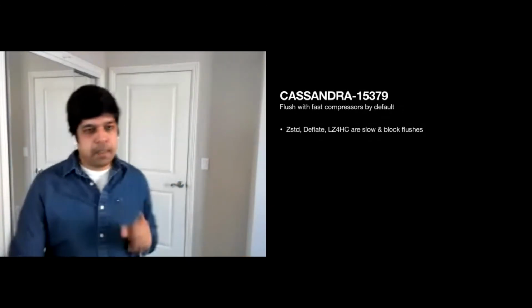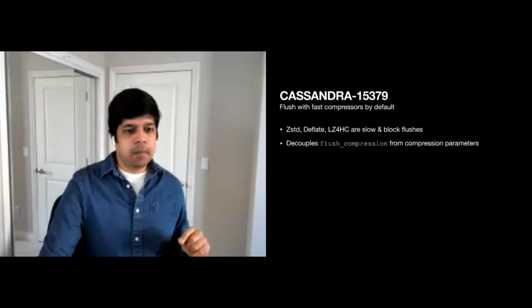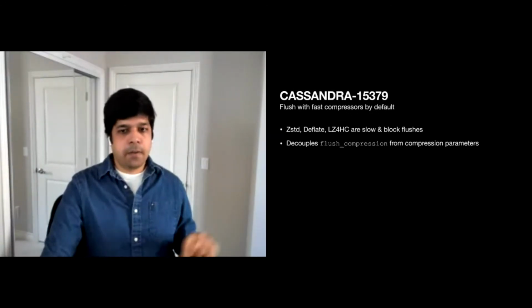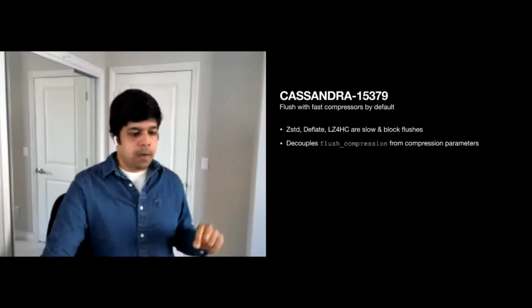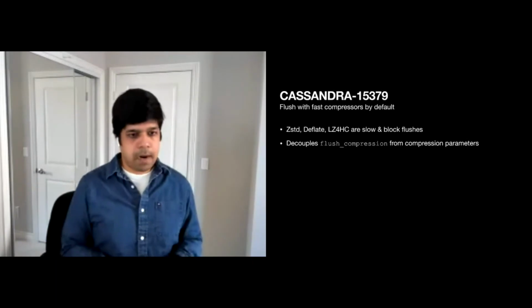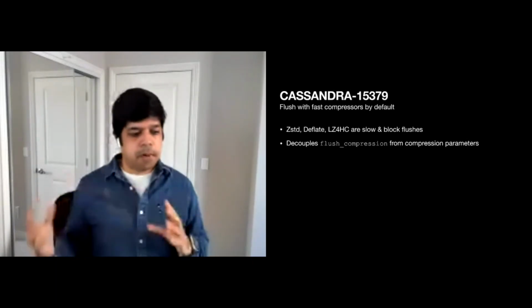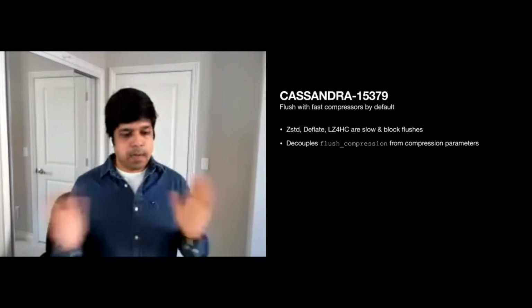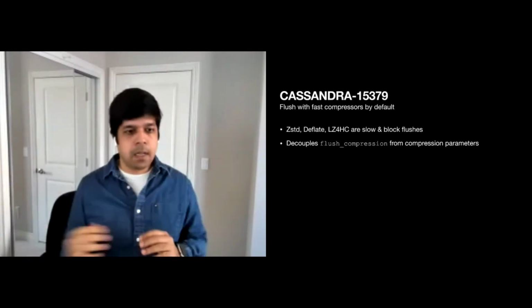So what does 15379 do is it decouples the flush compression setting from the compression parameters. So when you create a table in a keyspace, you have these compression params that you can pass in, and you can say create table with some compression parameters.